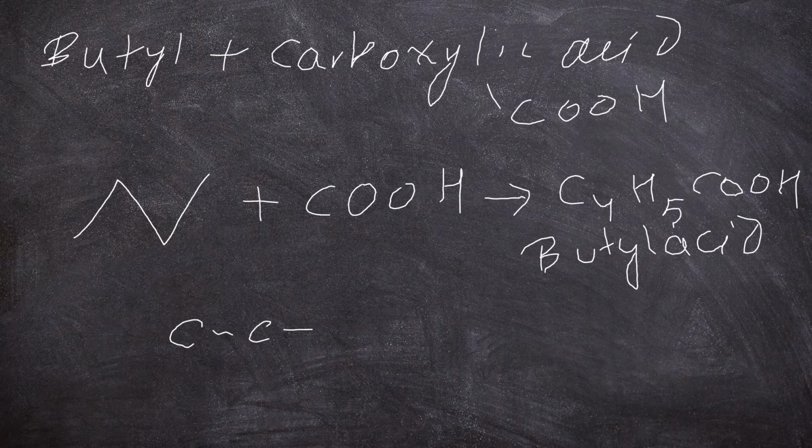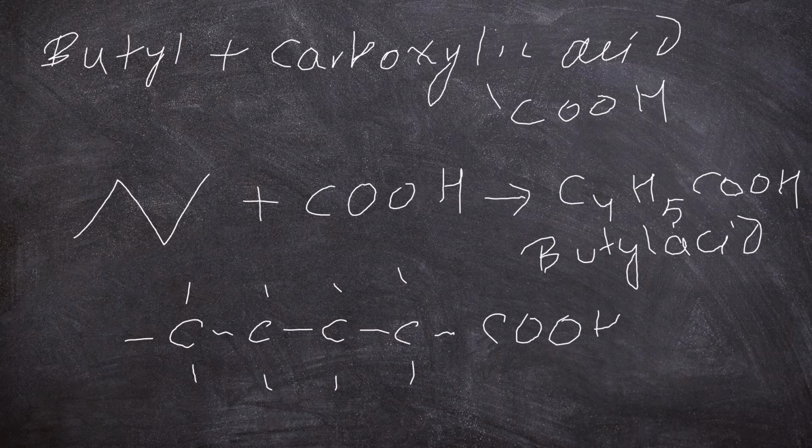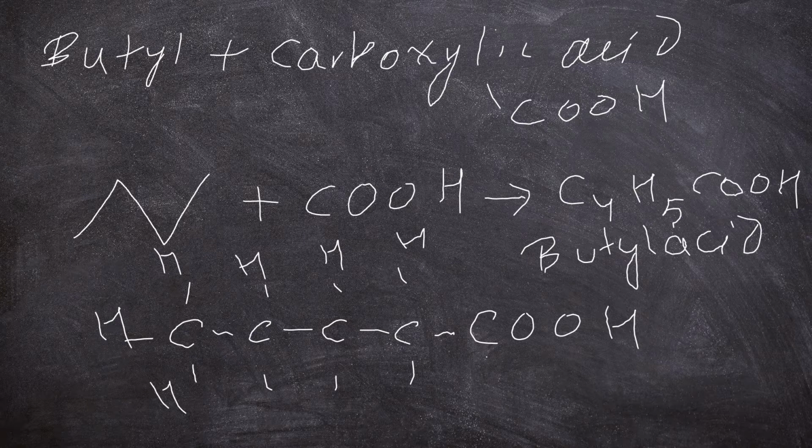C C C C, 1 2 3 4, with hydrogens. Here there will be one removal, and we can just add COOH, like this, with hydrogens H H H H H H H H.